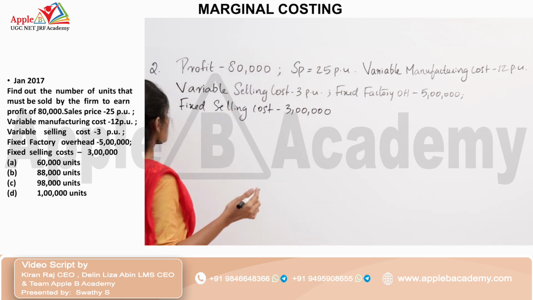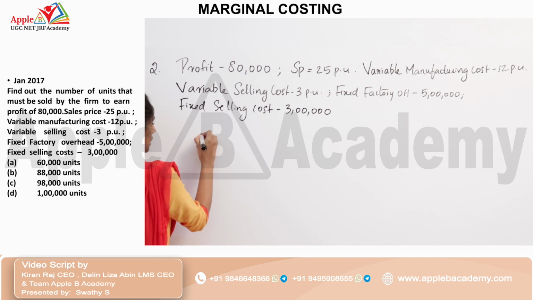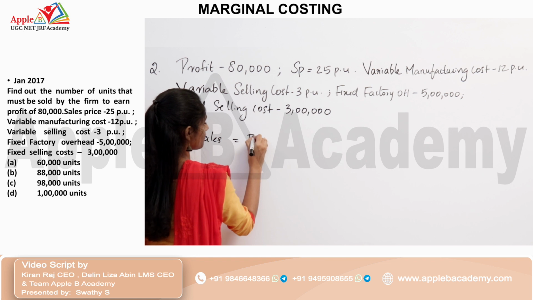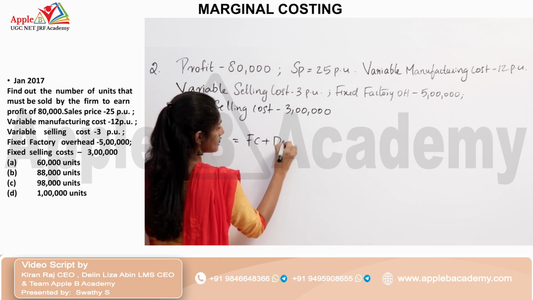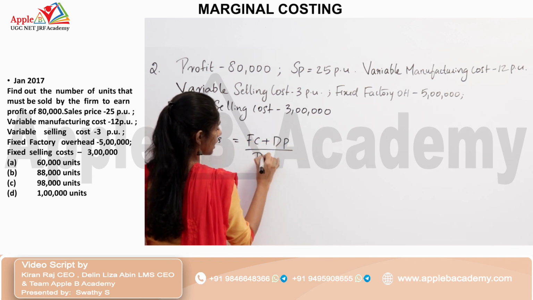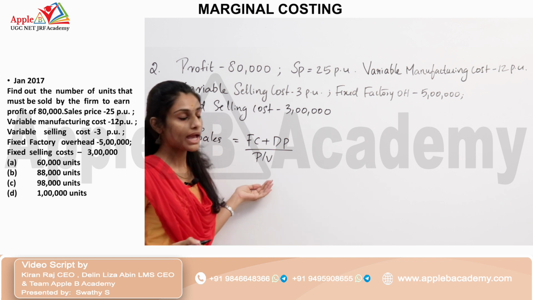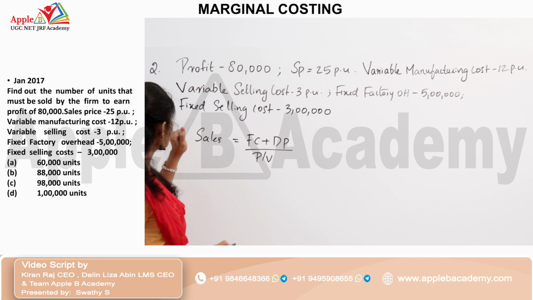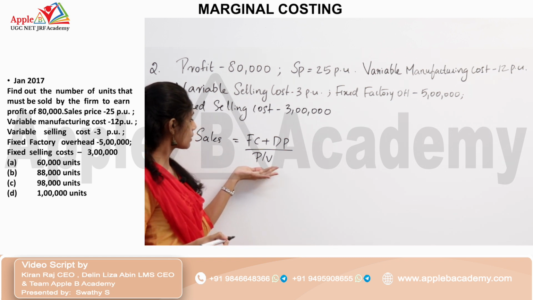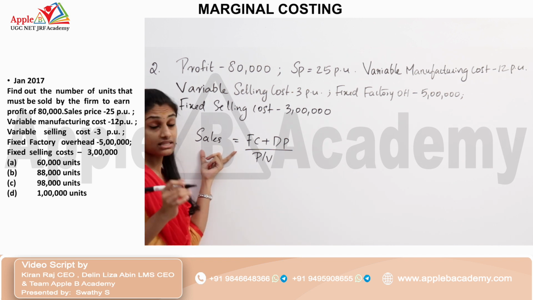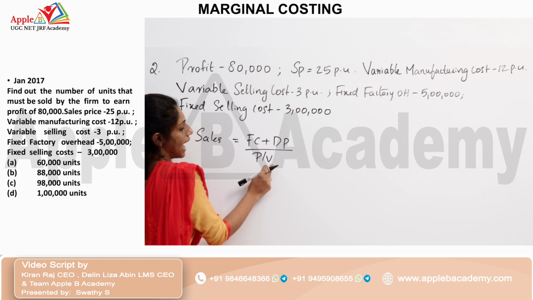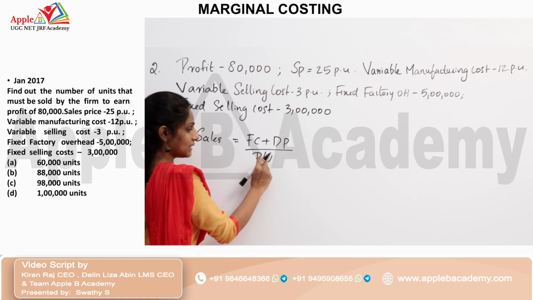For calculating the required sales, you can use the equation: fixed cost plus desired profit divided by PV ratio. If you want the answer in rupees, you can use PV ratio.